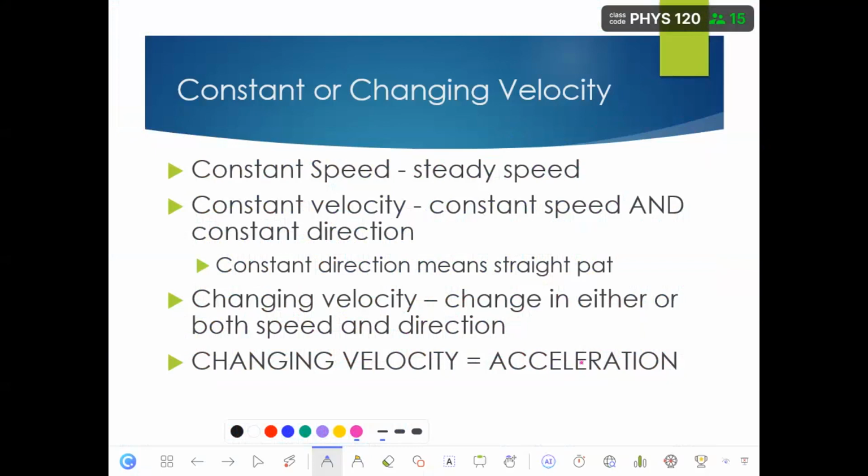In simple language, if the displacement over time is increasing or decreasing, we say that the velocity is changing. If it's increasing, the object is speeding up. If it's decreasing, the object is slowing down.